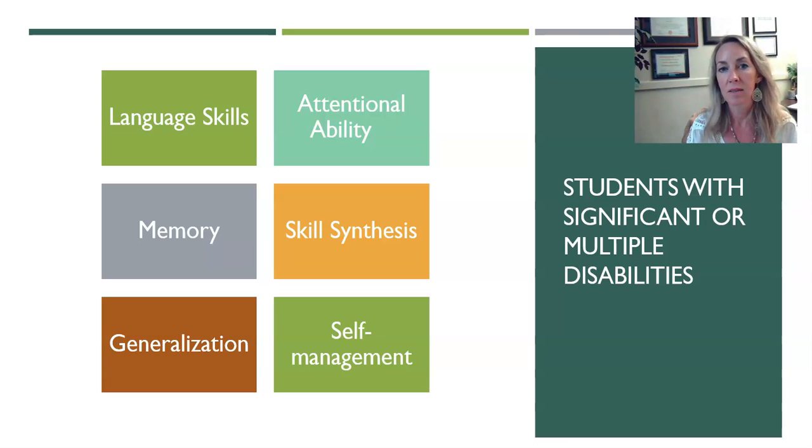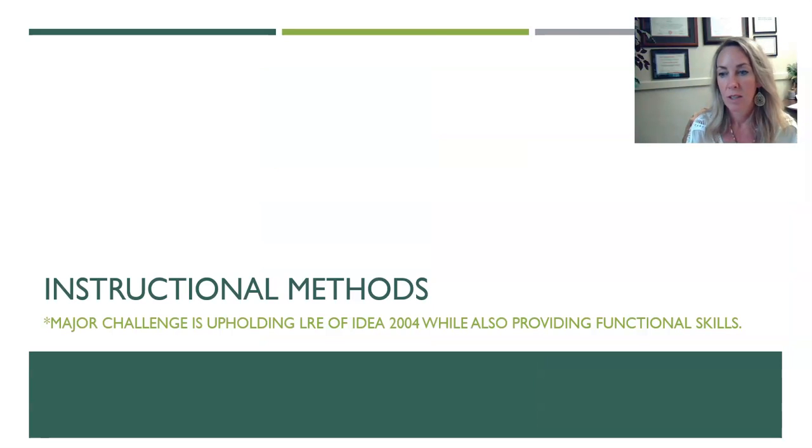But difficulty with synthesis of skills and information, knowing how to organize information for efficient use, can help with being able to make connections, and that can be difficult for students with significant and multiple disabilities, which in turn leads to difficulty with generalization of those skills and being able to use those skills in different environments and adapt those skills to new opportunities. And of course, with self-management, it's very important, but they have little opportunity to practice that, so that's something that should also be emphasized in their education.